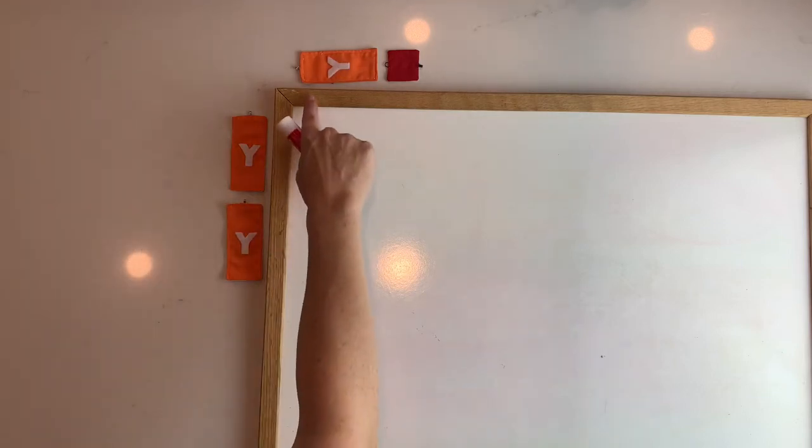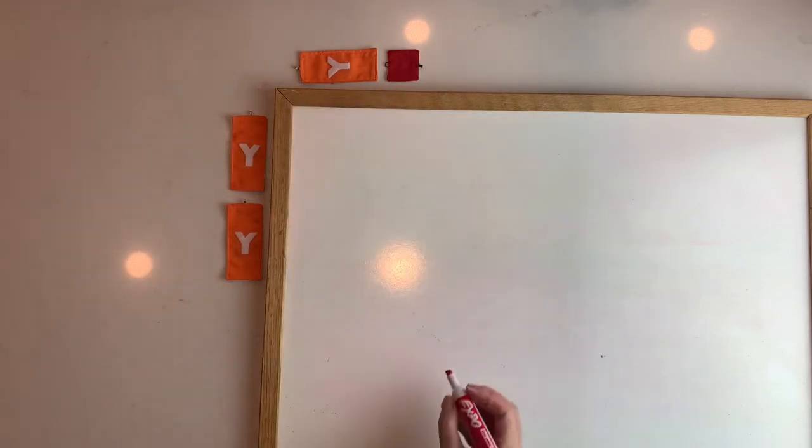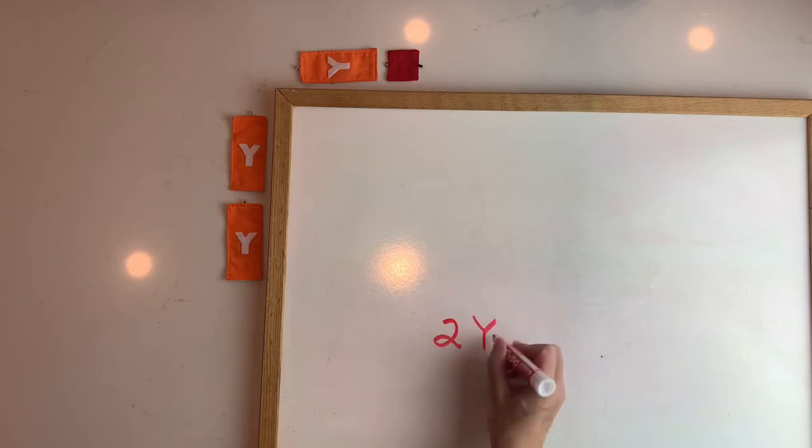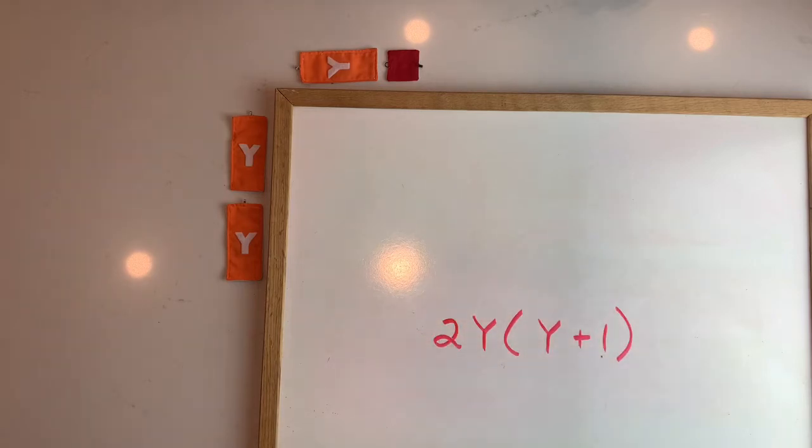2y times y plus 1 could be written like this. Again, we can't add y plus 1 together because we don't know the value of y.